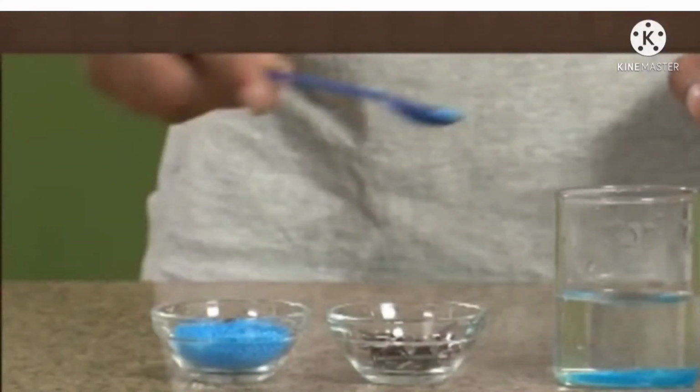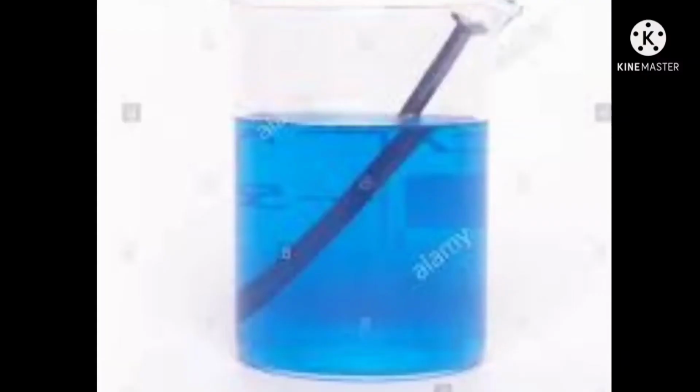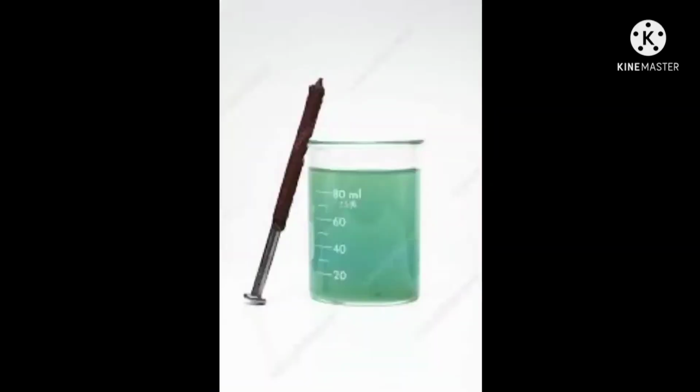Let us illustrate an example for displacement reaction. For that, take some quantity of copper sulfate solution dissolved in water. After that, place an iron nail into it. Then wait for 30 minutes. You can observe that the blue color of the copper sulfate solution fades and changes into light green color.